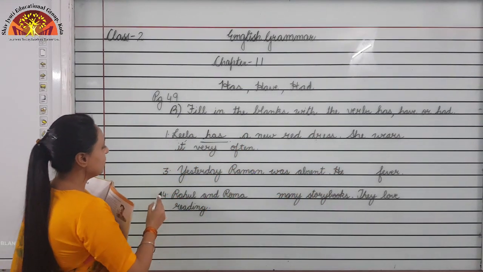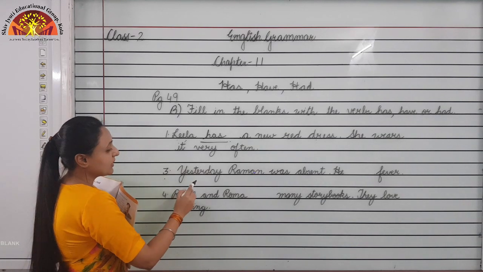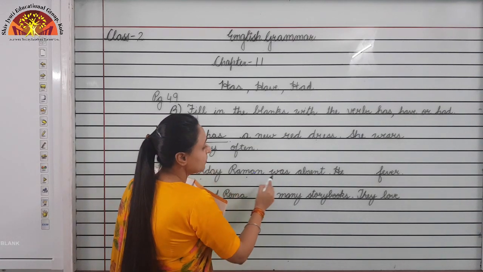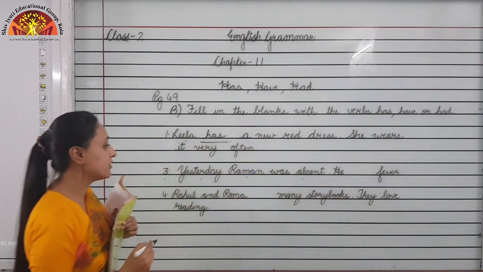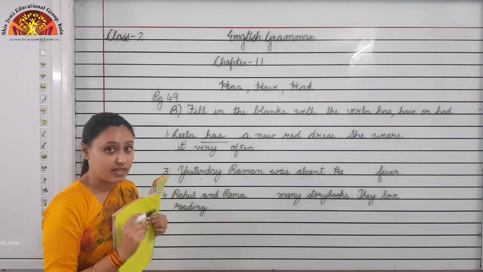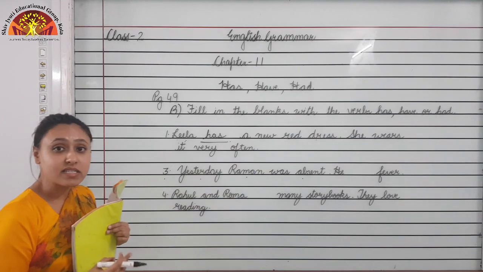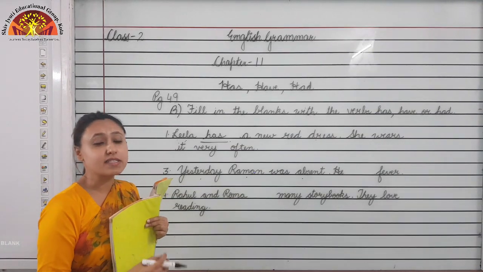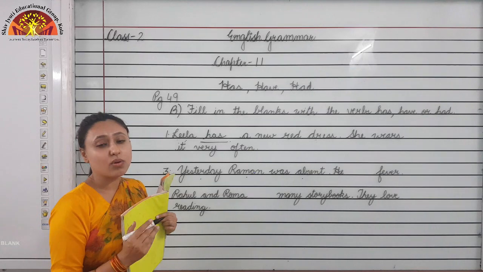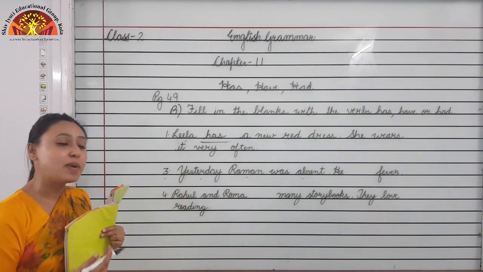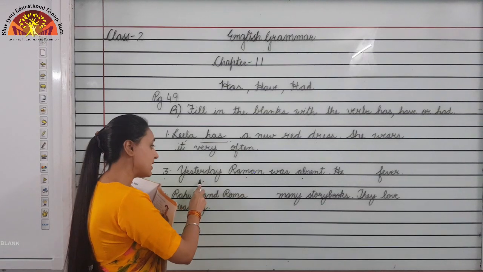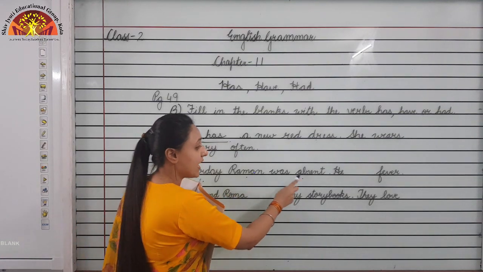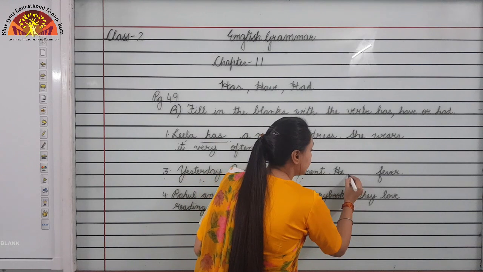Okay. Now look at number 3. Yesterday Raman was absent. He dash fever. So children, here we are using the word yesterday. Words like yesterday, last year, previous year, ago, these all are words used to describe past tense. Okay. So this means the sentence is of past tense. Yesterday Raman was absent. He had fever.